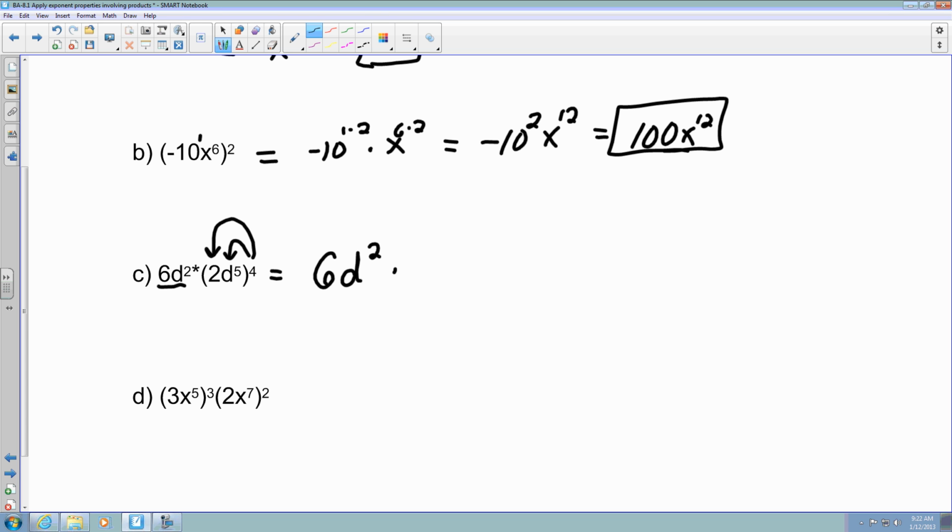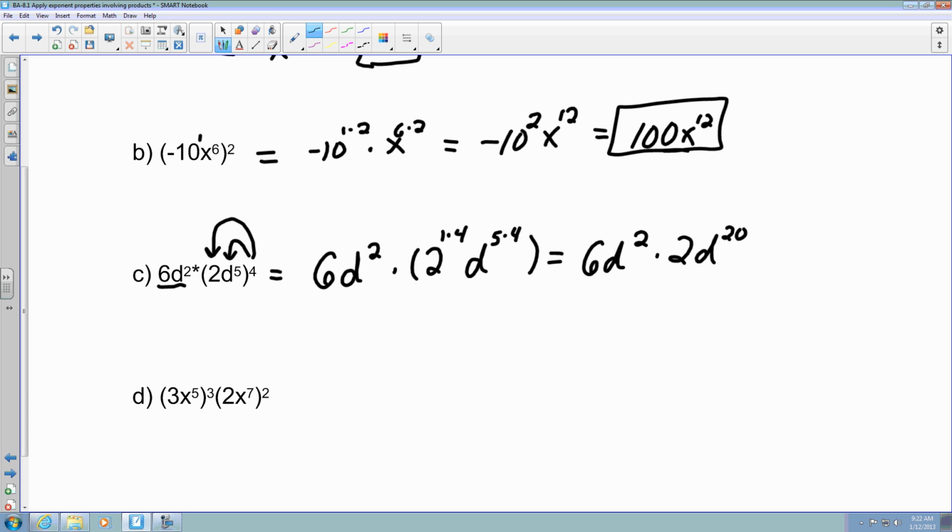I got 2 to the 1, because this is like 2 to the first power, times 4, multiplied by d to the 5th times 4. This is the use of the power of a power property. Now I can simplify the exponents inside the parentheses, so now I have 6d squared times 2d to the 20th.